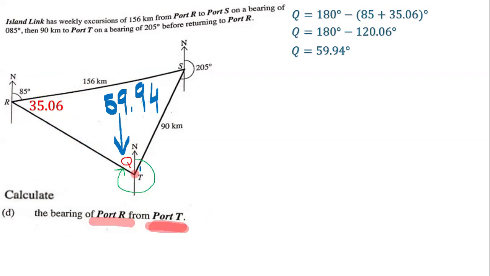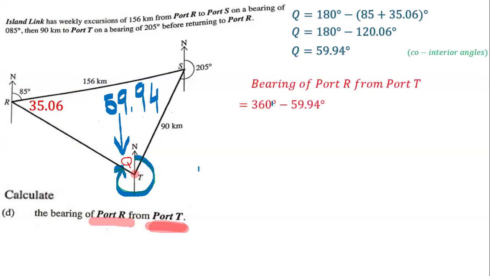Now, what we want to figure out is what is this angle right there? Now we know that the whole thing must add up to 360 degrees, because one revolution is 360 degrees. Angles around a point is 360 degrees. So if we want to figure out this angle in blue, we need to take 360 and subtract 59.94.